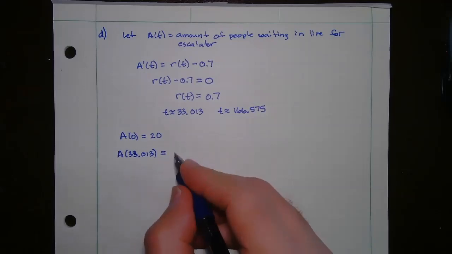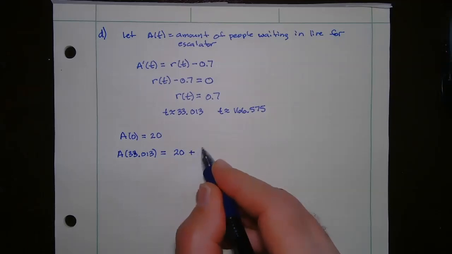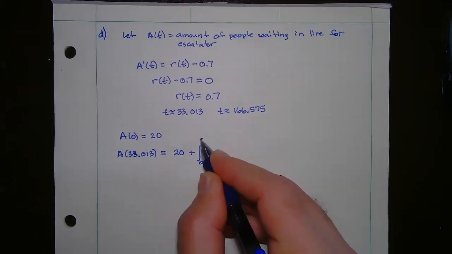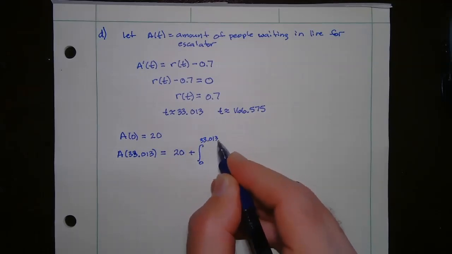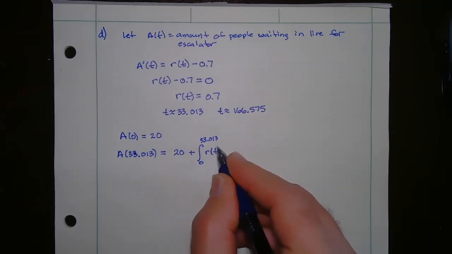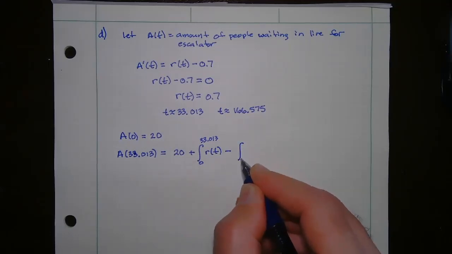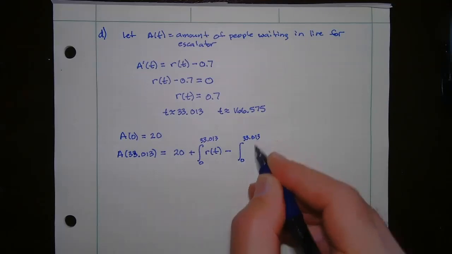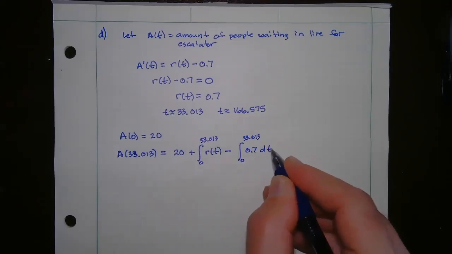Now, that's going to be the 20 people, plus the integral from 0 to 33.013. We can write it, but we wouldn't use that number, right? Of r of t, and then minus the integral from 0 to 33.013 of 0.7 dt.